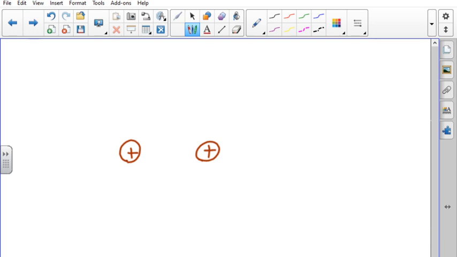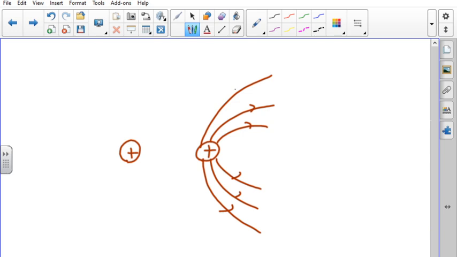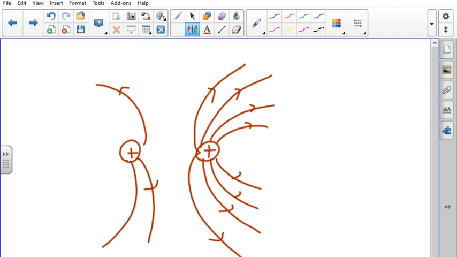Then how will the electric field lines be? Definitely, due to the repulsive force, the field map will be different. There is a repulsive force.